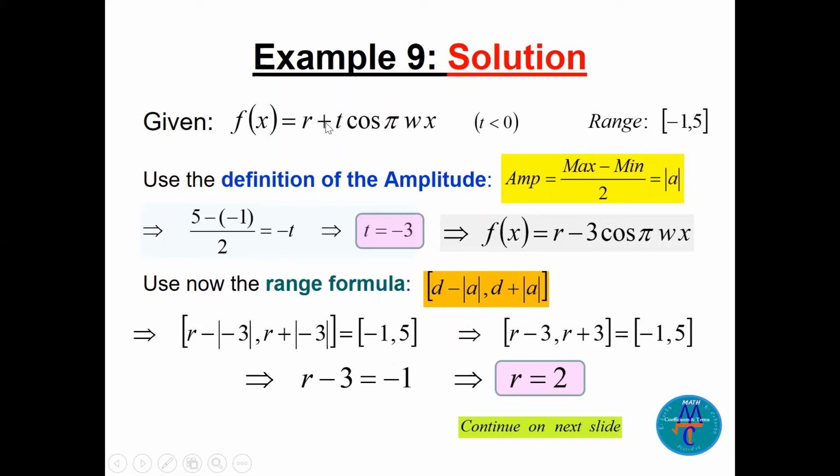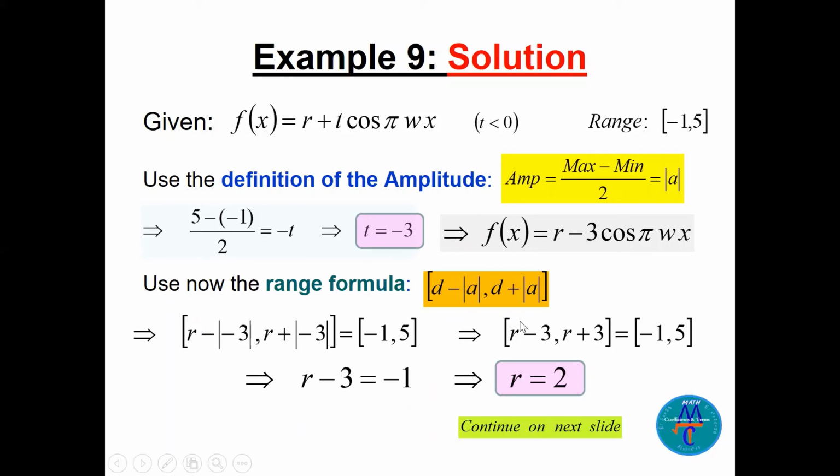Now, the function becomes r minus 3 cosine pi wx. Now let's use the formula for the range. D minus absolute value of a, d plus absolute value of a. So I put here d is the r, minus absolute value of minus 3, which is the t, and the a itself, r plus absolute value of minus 3. The range is minus 1 to 5.